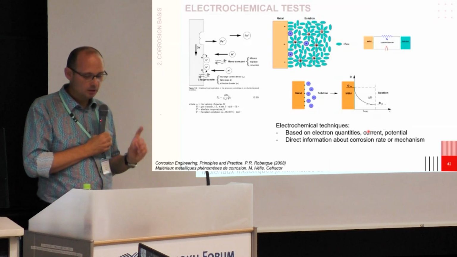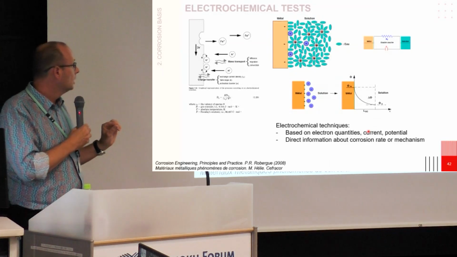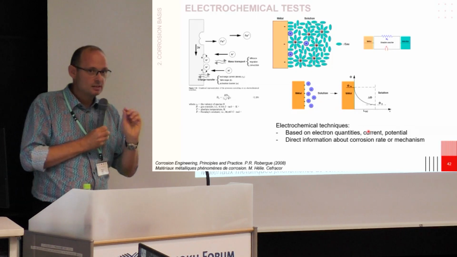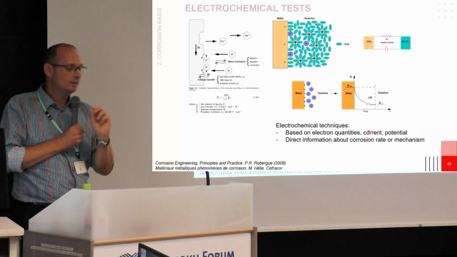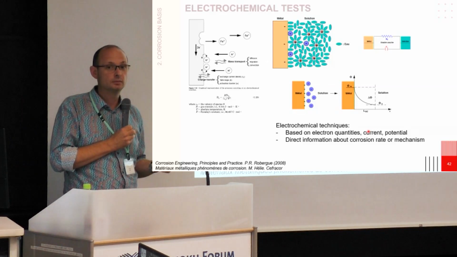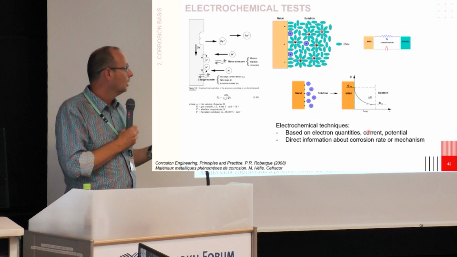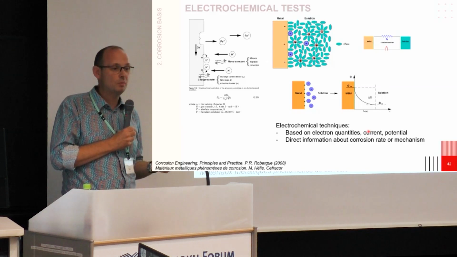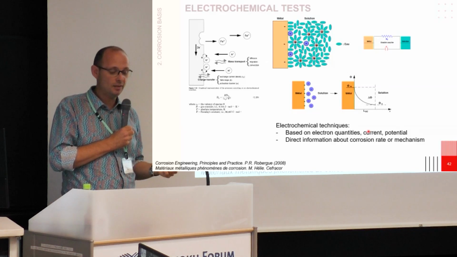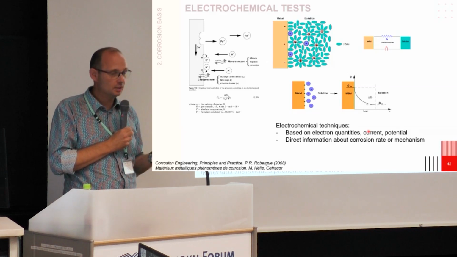Okay, so maybe I will go a little bit faster now. If I'm focusing on electrochemical tests, there is one reason to focus on that. It's because these are tests that you can implement in the laboratory. They can give very fast information, sometimes very easy to interpret, sometimes very difficult.